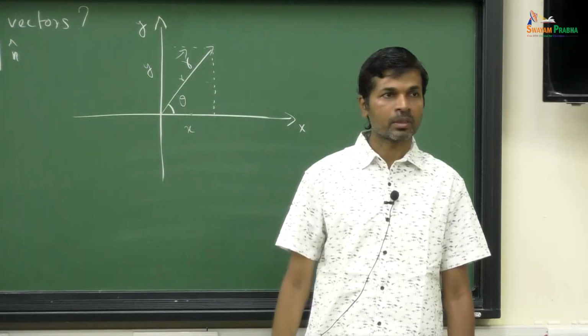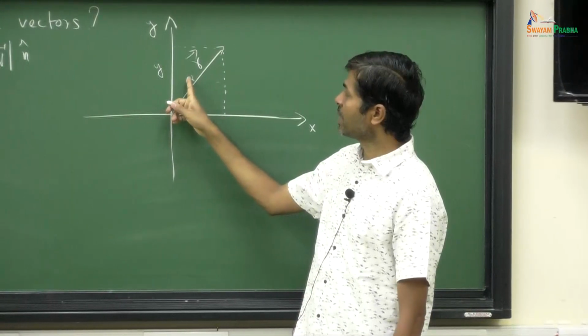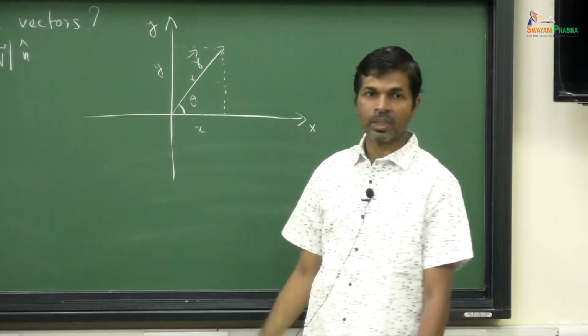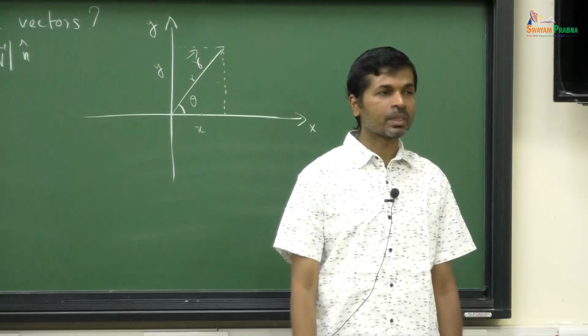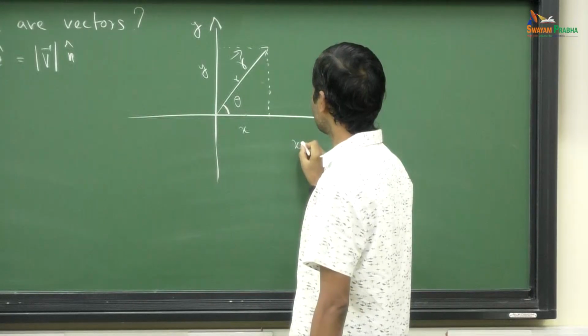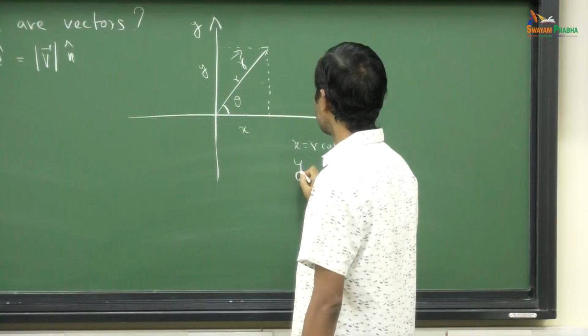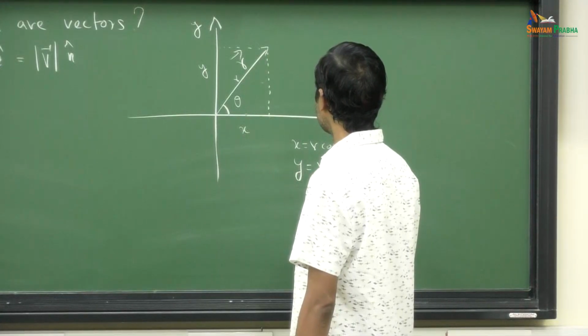Okay. Then there is a relation between r, theta, and x and y. All of you know this. What is x? x is r cos theta, y is r sin theta.